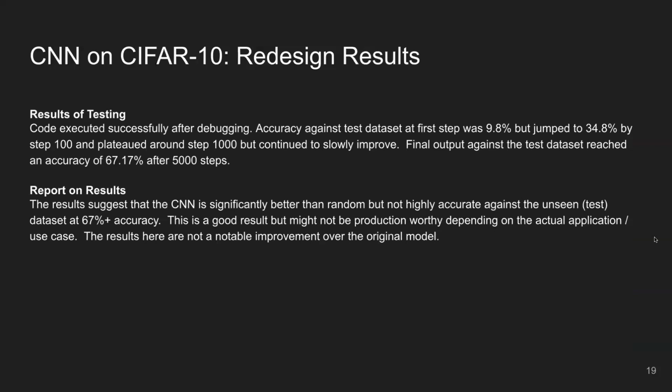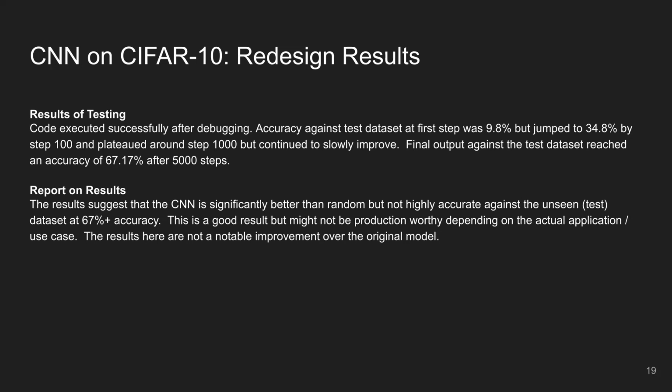With the results on the redesign, I was somewhat surprised that there was not a substantial, really a notable improvement. Again, after extensive debugging, the accuracy against the test data set at first step was at 9.8, just under 10%. It did jump to about 35% by step 100 and then plateaued around step 1000.